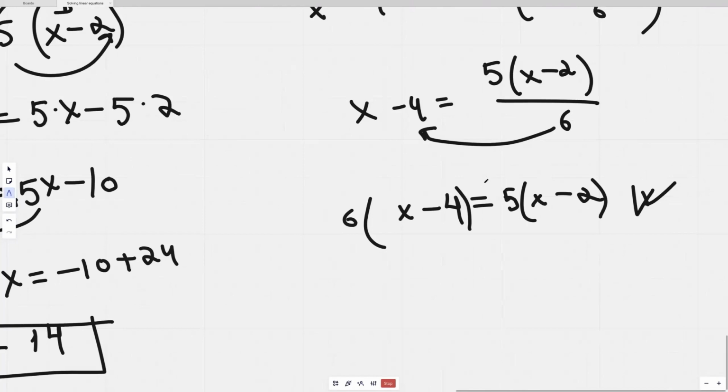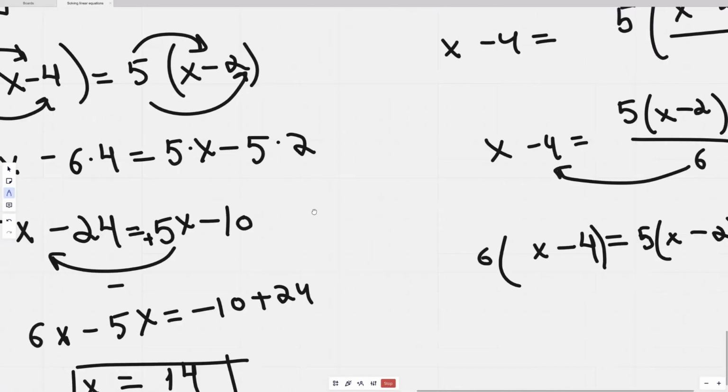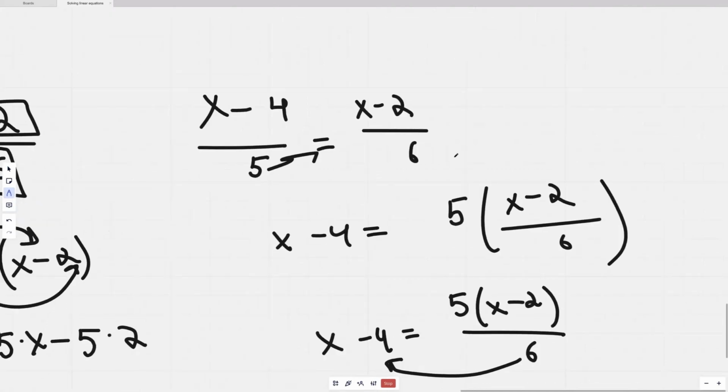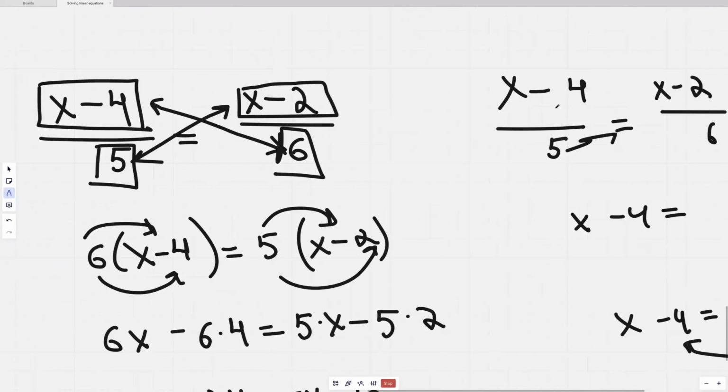Now you can just use cross multiplication in such cases instead of multiplying one side to another, opening the brackets and then multiplying. Just multiply the numerator here to this thing here, and then the 6 to x minus 4 here.